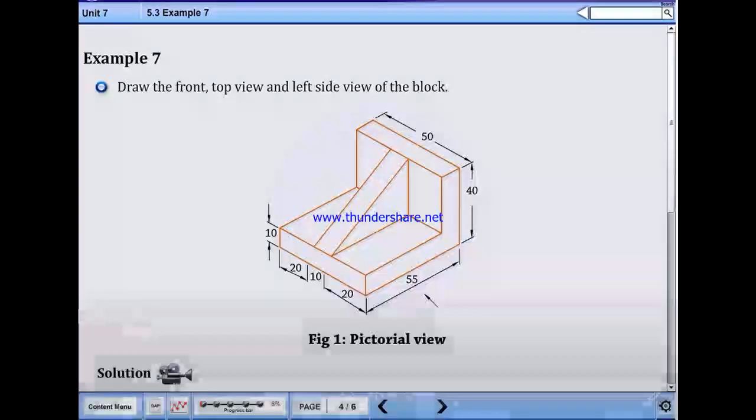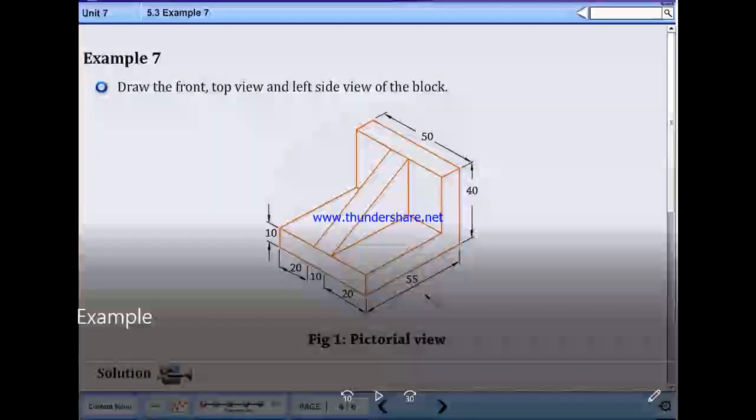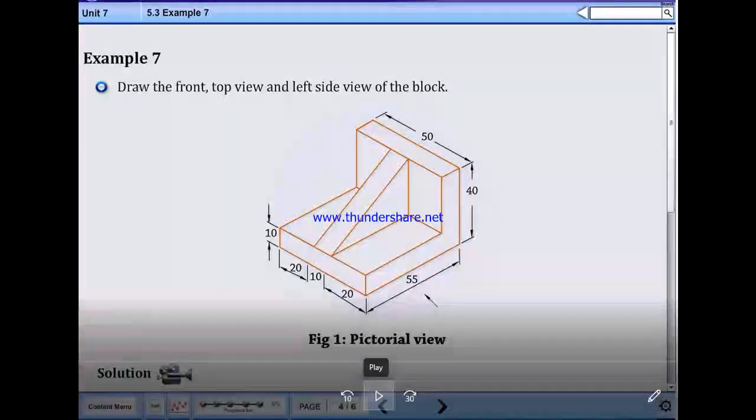The solution will be explained one by one. First you note down all the steps in detail while the explanation is going on, then you draw on the drawing sheet.